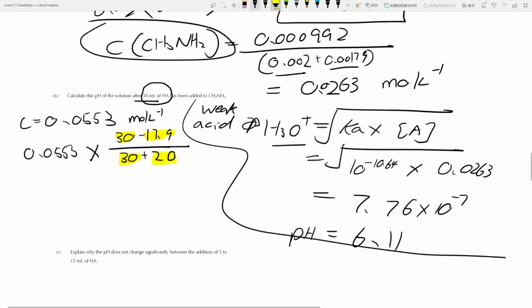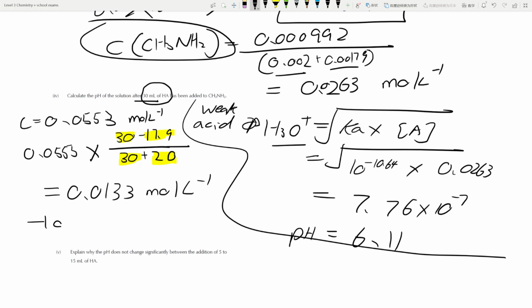So this is going to be equal to 0.0133 moles per liter, and this is a strong acid here, so you simply go negative log 0.0133 to give you 1.88 pH.